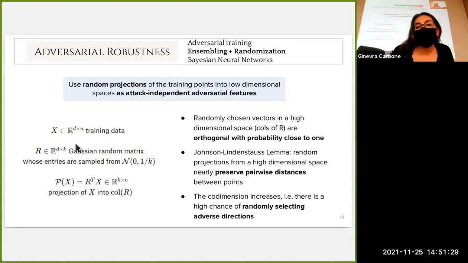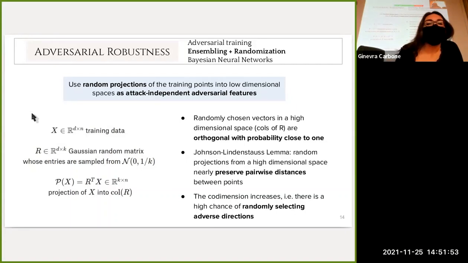And then we can define a Gaussian random matrix in R^(D×K). So D is the original dimension of the space, and K is a lower number. And basically, what we want to do is to project the training data X into a space of dimension K, which is smaller than D.